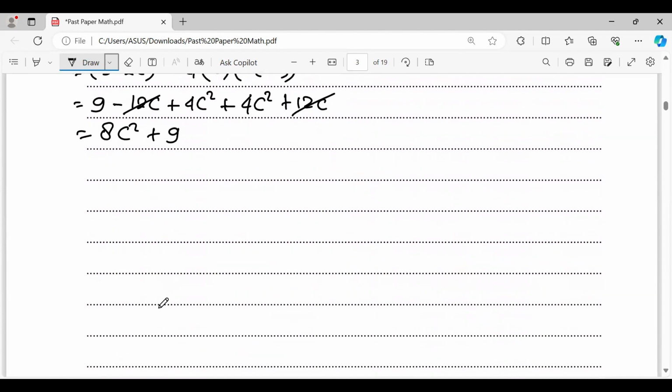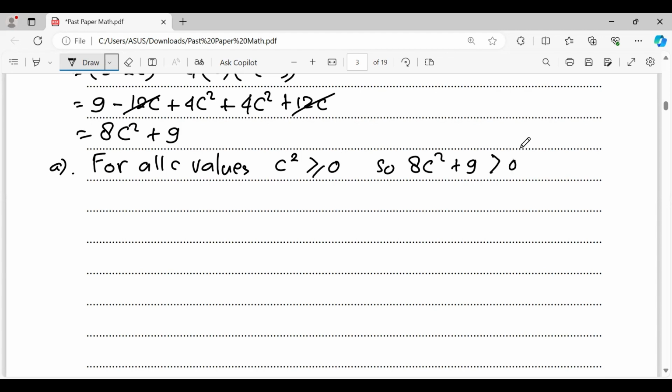So it means, yeah, we can state that for all c values, c squared is greater than or equal to 0. So 8c squared plus 9 is greater than 0.